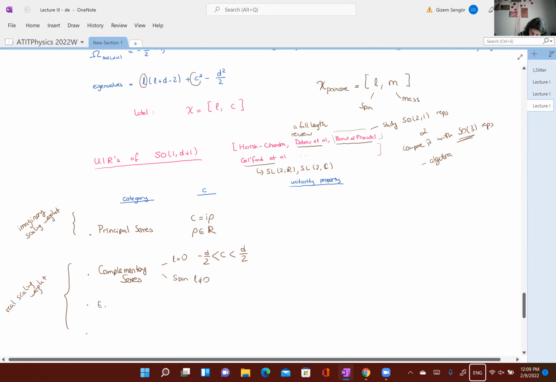There is the exceptional series. This is for scalars, when the scaling weight is at the point where we stopped the complementary series. And then there's one more called discrete series. For these, the defining property is that the scaling dimension is an integer.